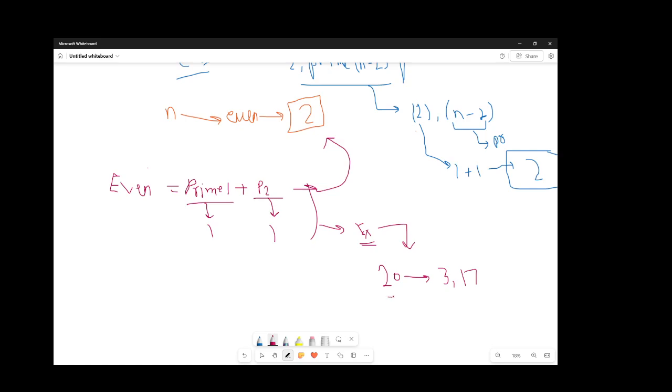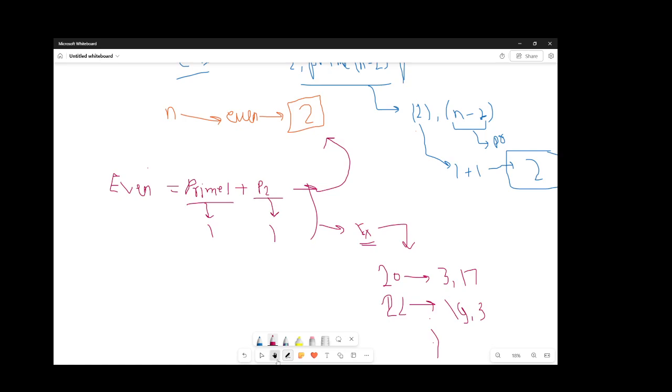If the number is 22, then we can split it as 19 and 3. So for all the examples that you can think of, this will always hold true.